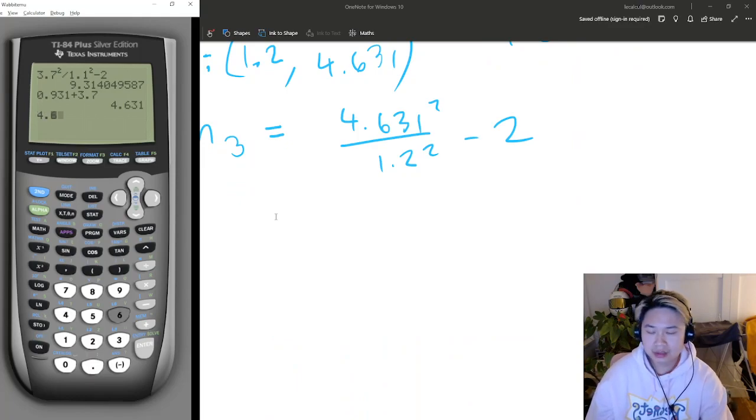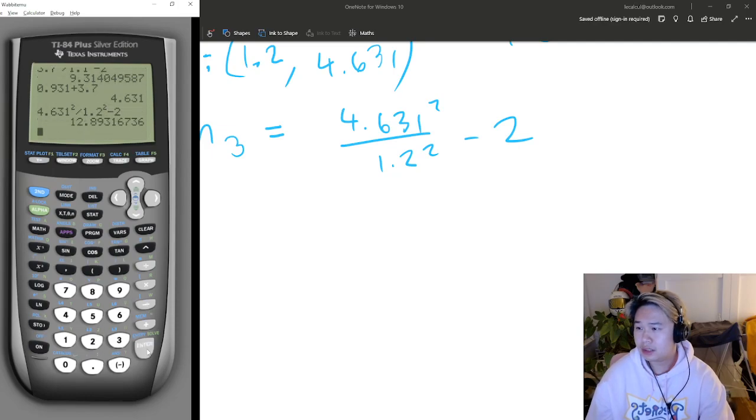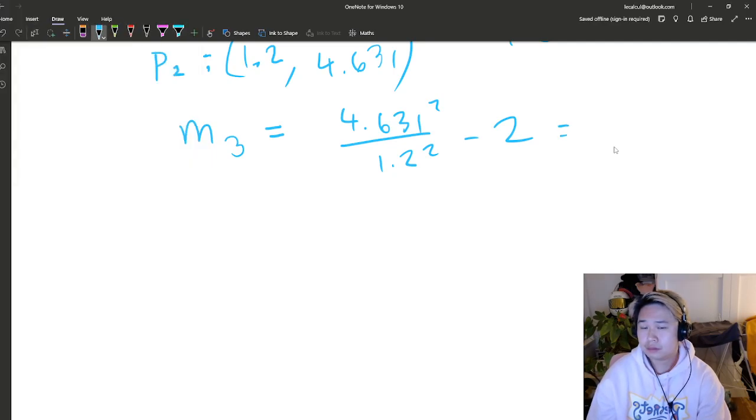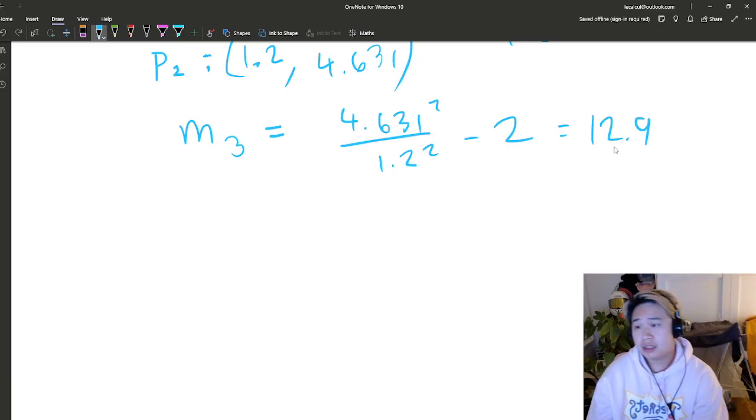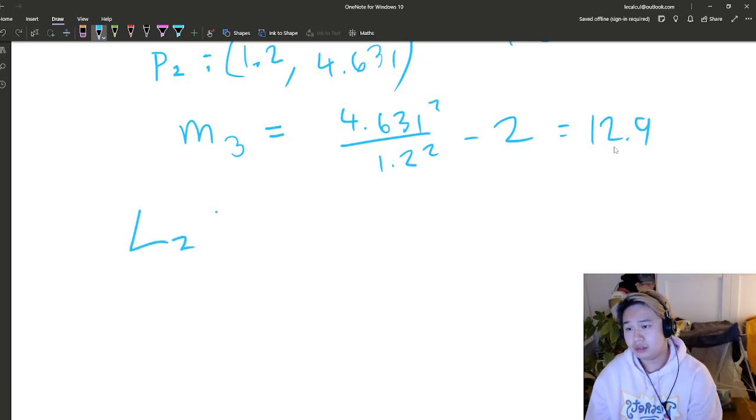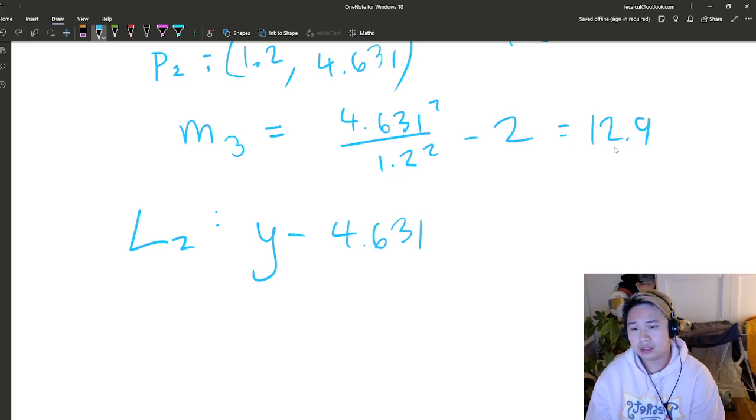Okay, 4.631 to the power 2 divided by 1.2, square it, minus 2, 12.89. I'm just gonna write 12.9. Okay, line 2. Y minus 4.631. Gosh, this is so tedious. Why did they make you start from so far away?